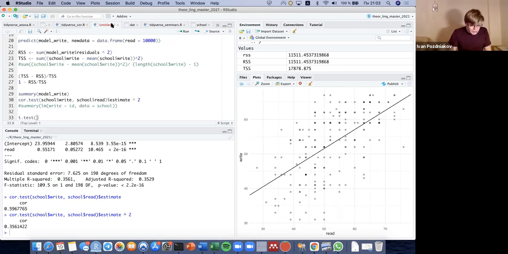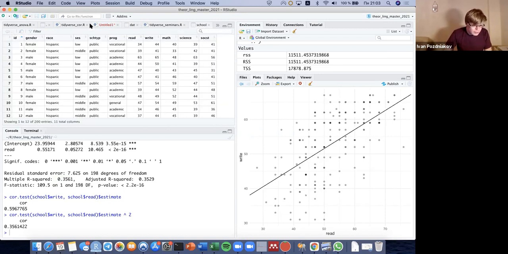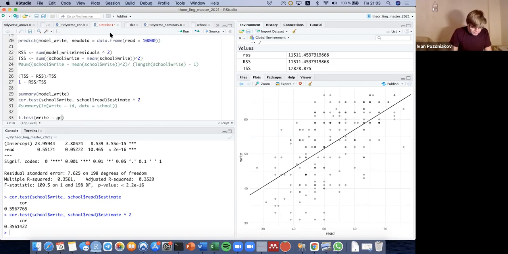To do that, we need to do t.test of school dollar write, or we could do it like that, write tilde gender, data equal to school.